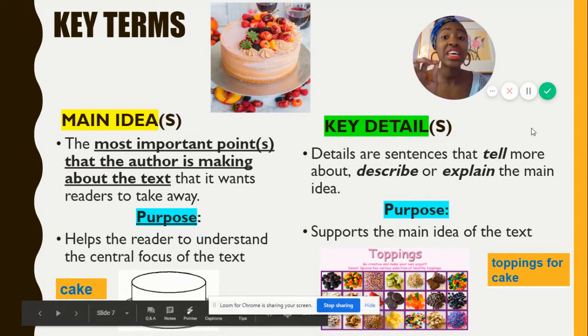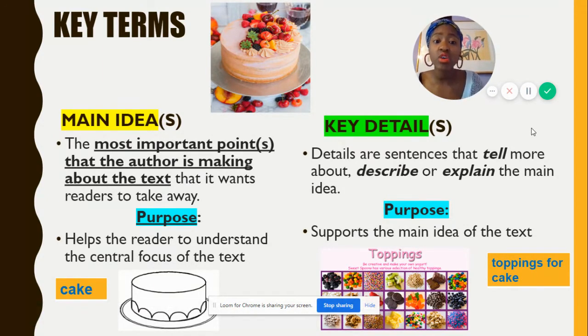Now I want us to look at key details. So what key details are is details that are sentences that tell more about, describe, or explain the main idea. So when you think of key details, these are details that are sentences that do three of the following things. It either tells you more about the main idea, it describes the main idea, or it explains the main idea.